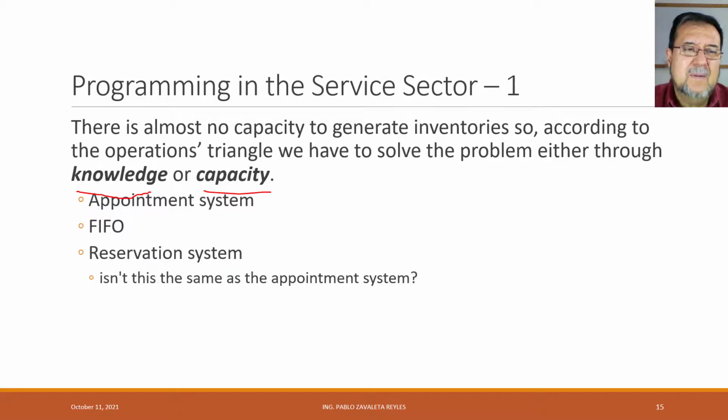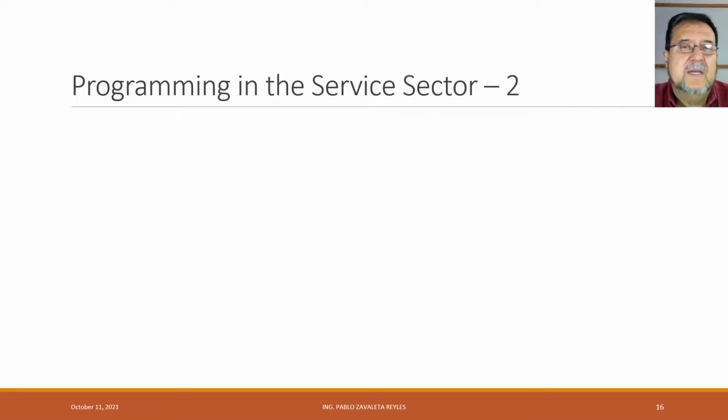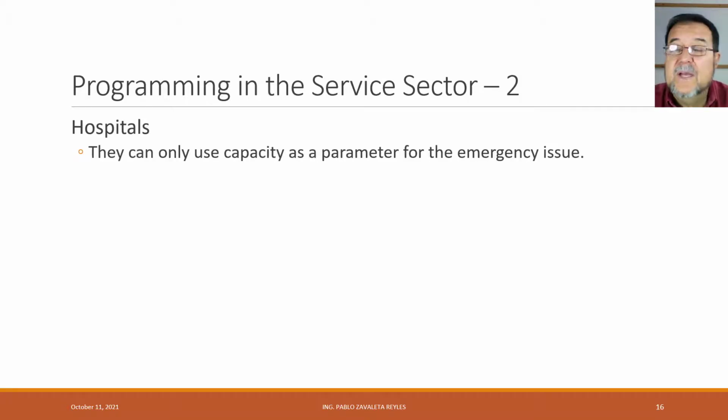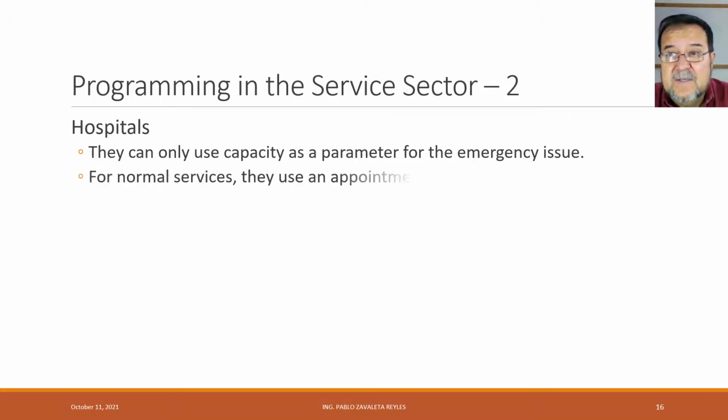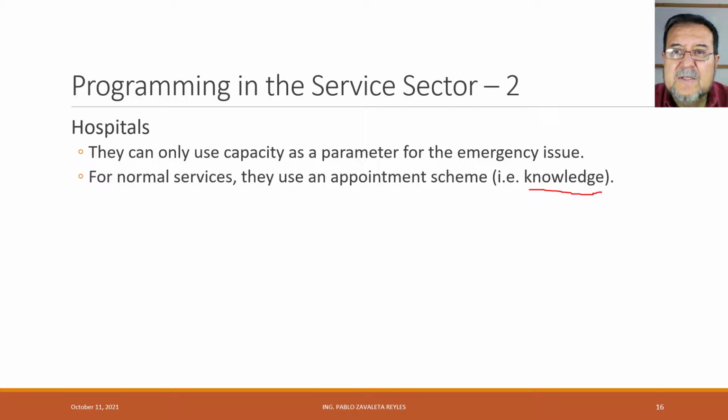But the question about the reservation system, is it not the same as the appointment system? You're reserving a time slot. That's an appointment. Usually, for example, in hospitals, we can only use capacity as a parameter in emergencies. For normal services, we use an appointment scheme, that is knowledge.